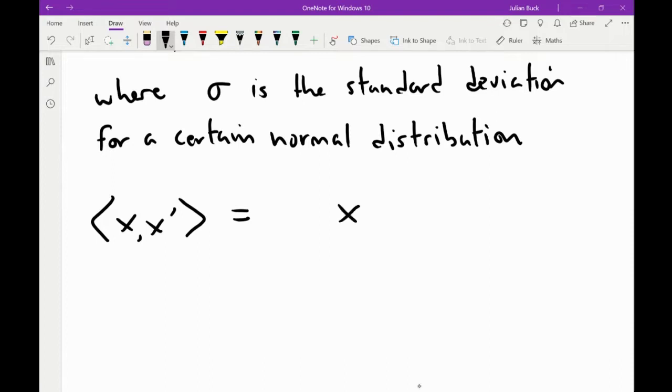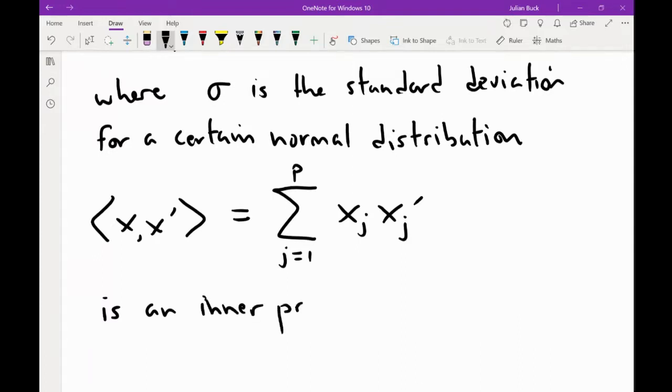I take a coordinate, say xj of x, and the corresponding coordinate xj prime of x prime, and I multiply those together, and then I add all those up as j runs from 1 to p, where p is our usual notation for the number of features. In each coordinate, you're taking the two coordinates together and multiplying them. This is called an inner product, and in some sense, it's a fancy name for a dot product.